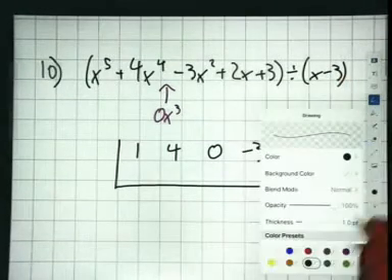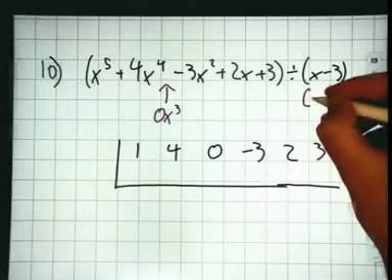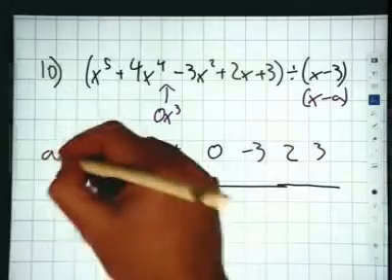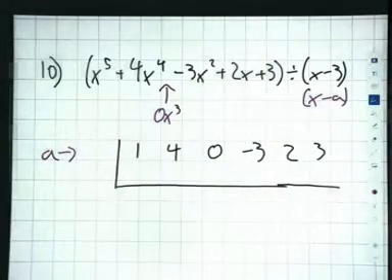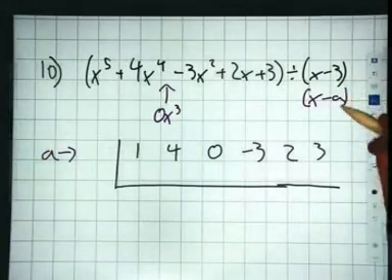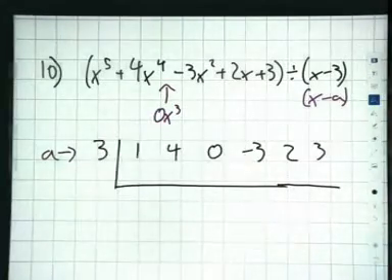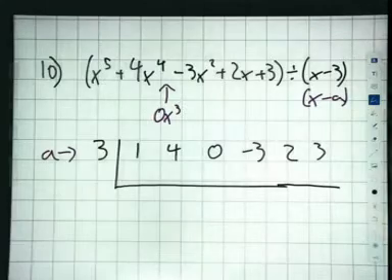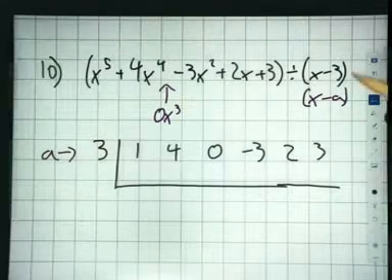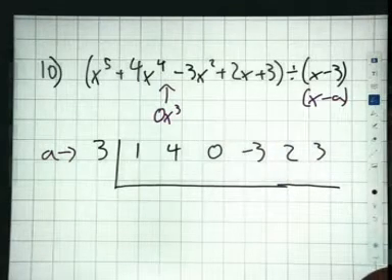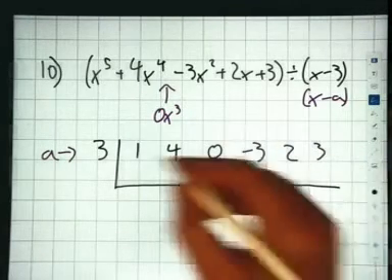So I'll think about this as x minus a, and we want to put a right here. So what is a? A is going to be a 3, not a negative 3. Or another way to think about this, what's the opposite of negative 3? It's positive 3.